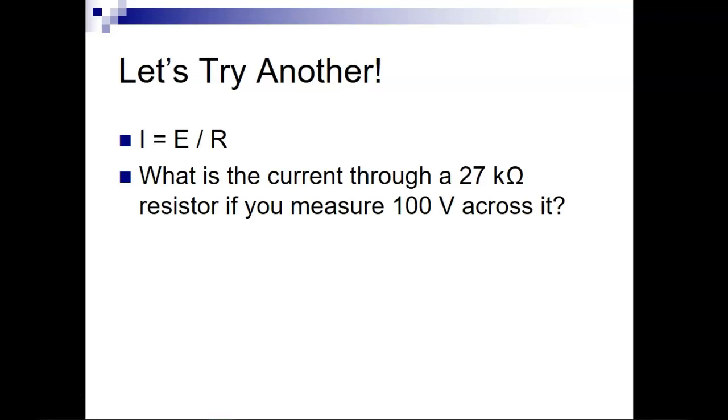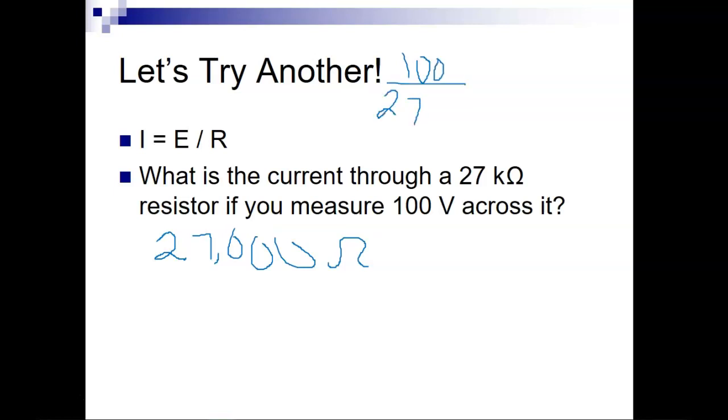Translated, that is 27,000 ohms versus 100 volts. So you should do 100 divided by 27 kilo, 27,000. Does that make sense?